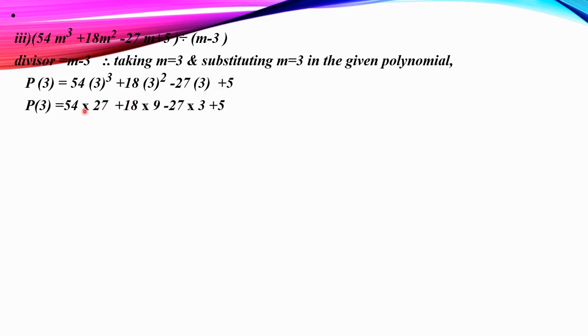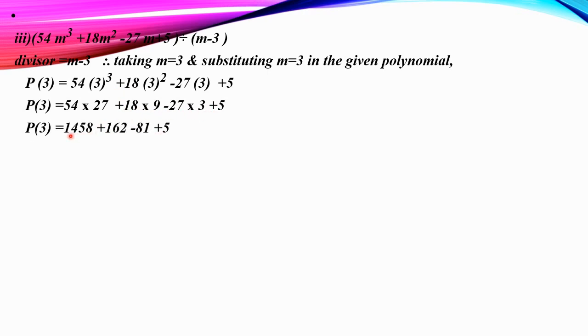Therefore, taking m is equal to 3, which is the opposite of minus 3, and substituting the value m is equal to 3 in the given polynomial, we get P(3) is equal to 54 multiplied by 3 raised to power 3 plus 18 multiplied by 3 raised to power 2 minus 27 multiplied by 3 plus 5. Therefore, P(3) is equal to 54 multiplied by 27, which is 3 raised to power 3, plus 18 multiplied by 9 minus 27 multiplied by 3 plus 5.